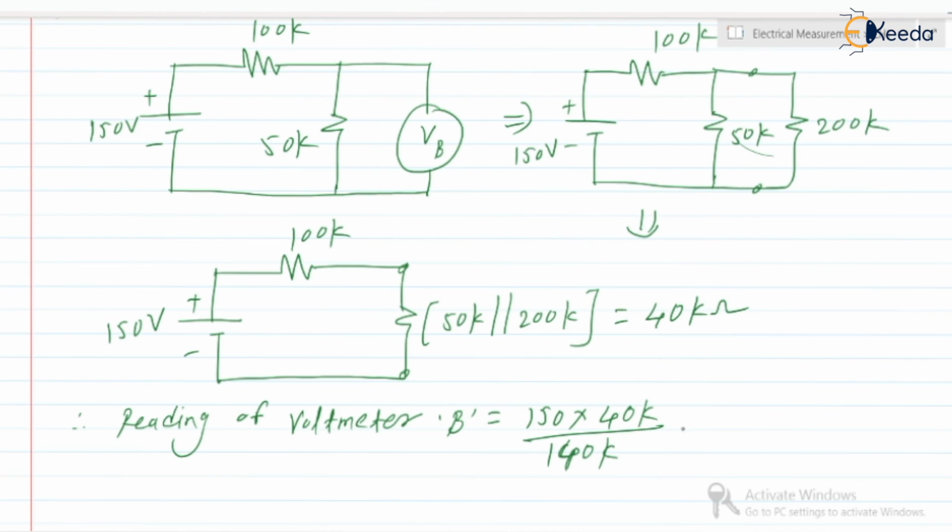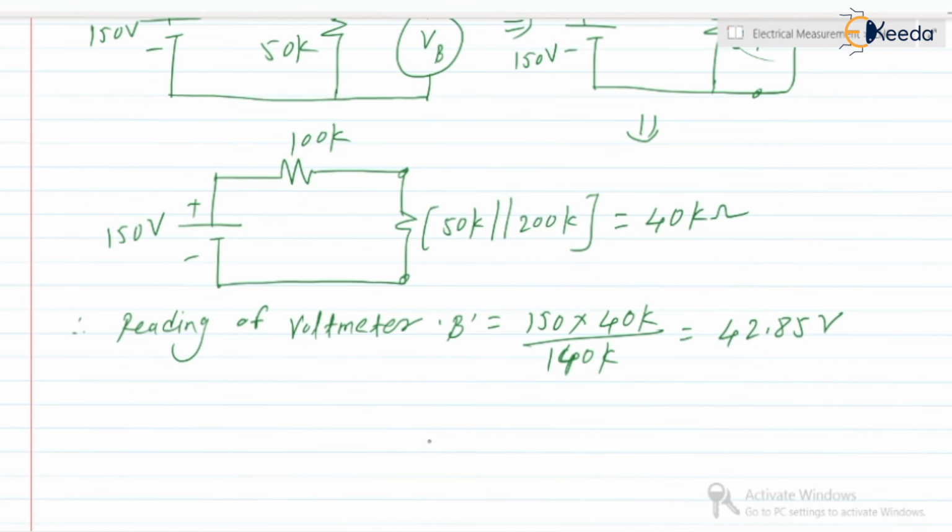Simply I am using the voltage division rule, that's it. So what is the reading? 150 into 40 divided by 140, which is 42.85 volt. This is the reading of voltmeter B.